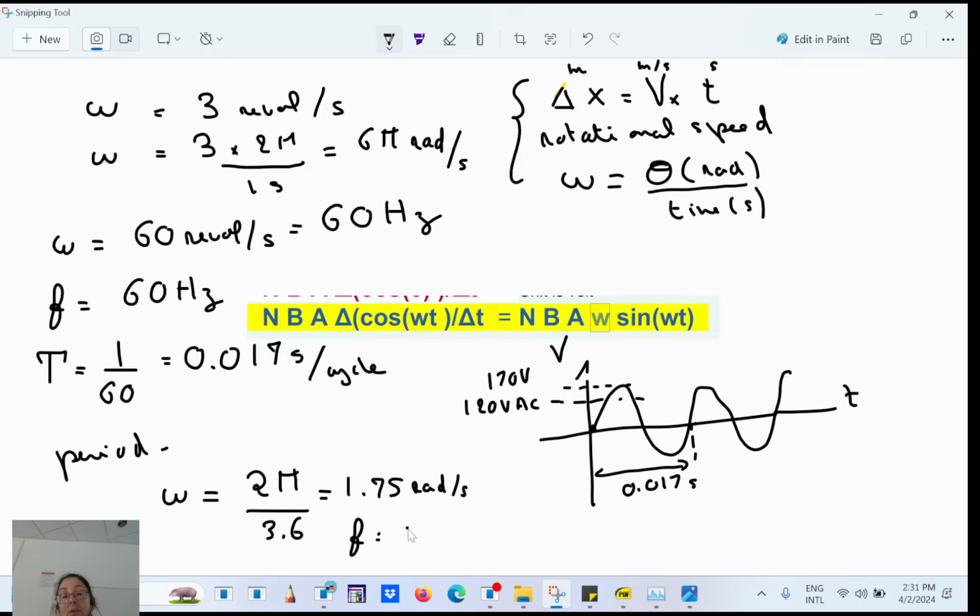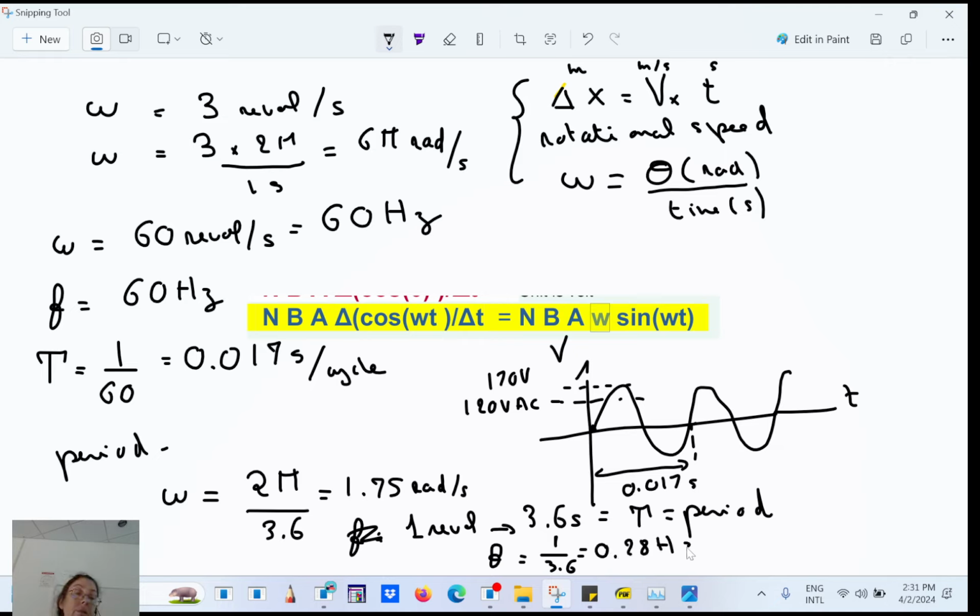You see that the frequency, it's going to be one revolution in 3.6 seconds. So that's going to be the period. So what's going to be the frequency? 1 over 3.6, so it's going to be 0.2 hertz.